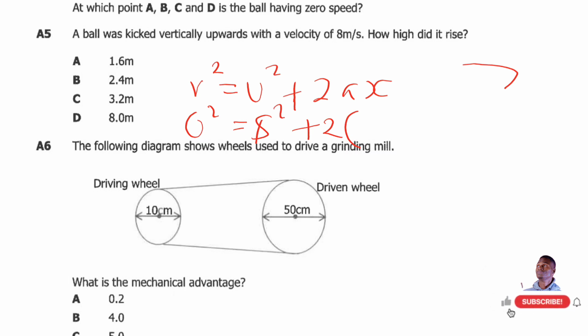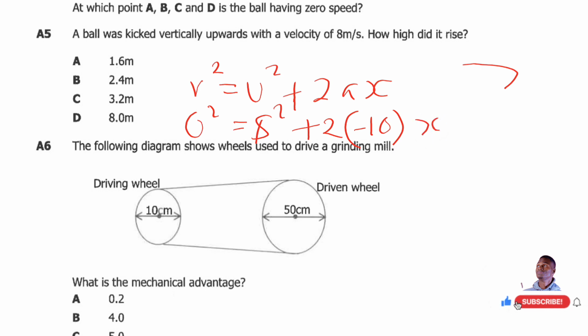When you're throwing something upward, the acceleration due to gravity is negative, so we write negative 10 meters per second squared, just negative 10, then x.